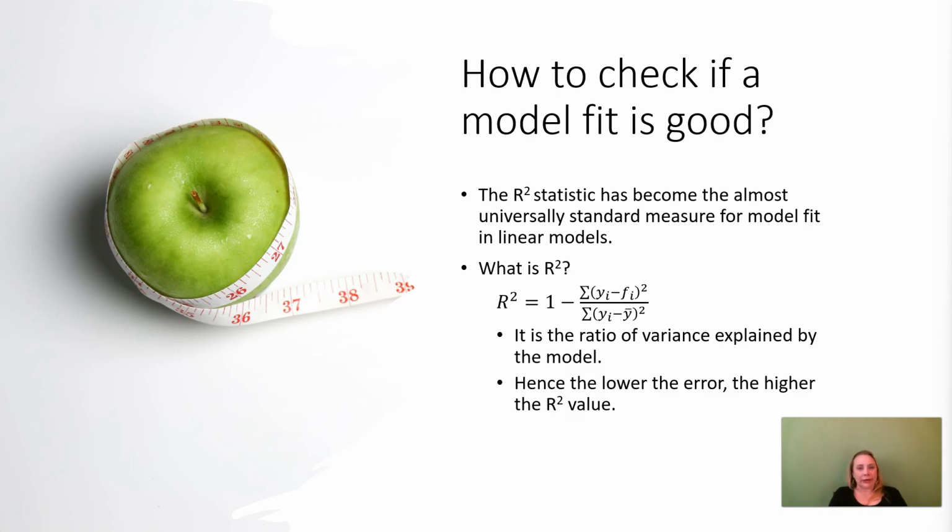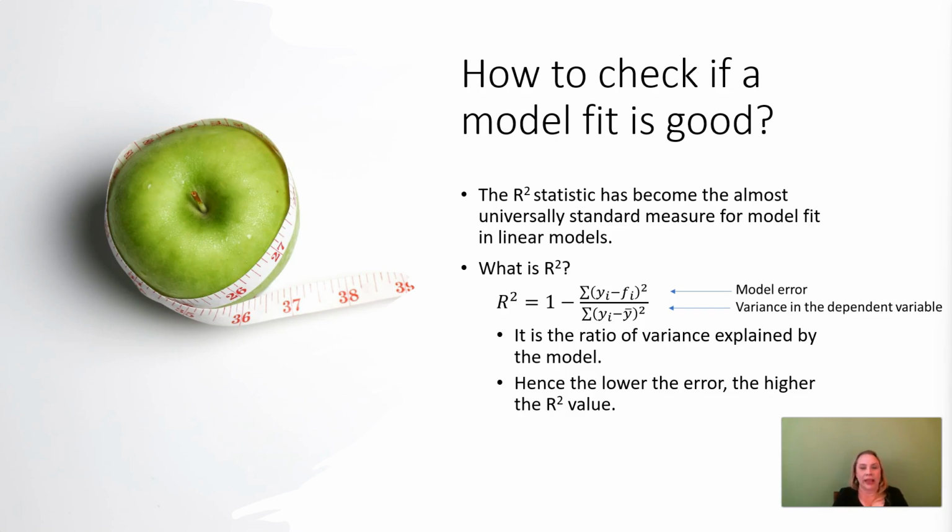So if we look at the calculation for R-squared, it's 1 minus the sum of our model error divided by the sum of the variance in our dependent variable, squared, both of those values. So since both of these values are squared, looking at this equation, we know that our R-squared value is going to be bounded between 0 and 1.